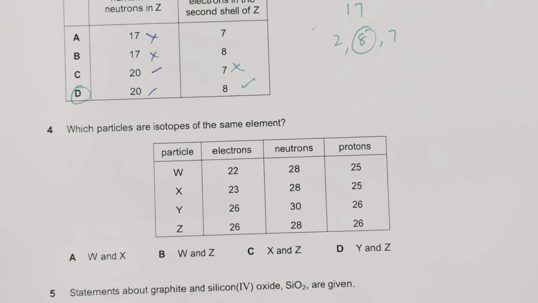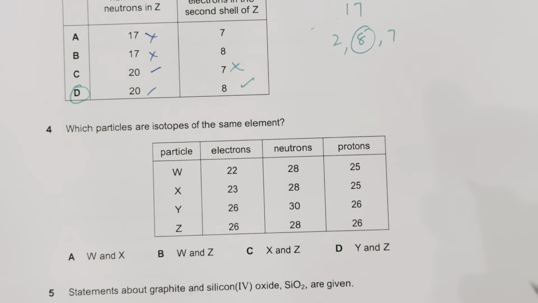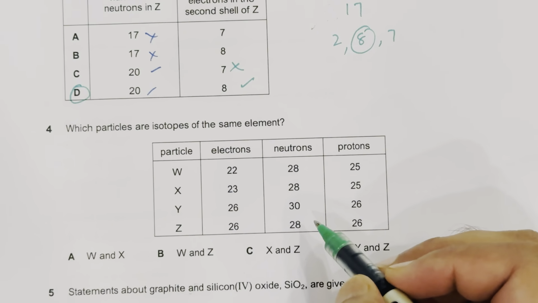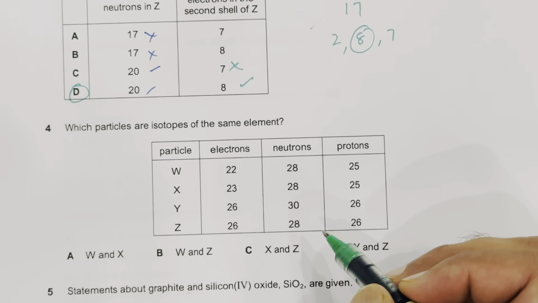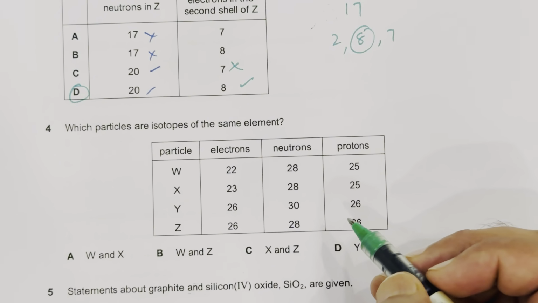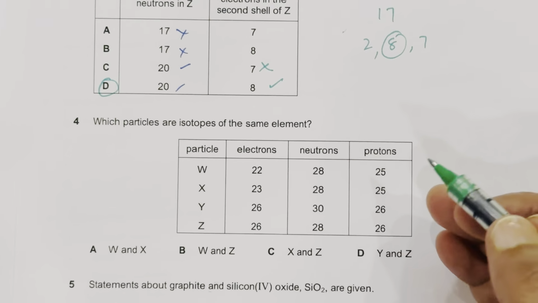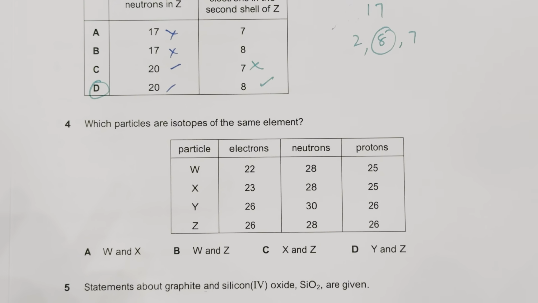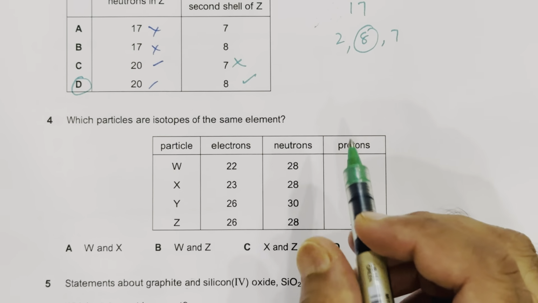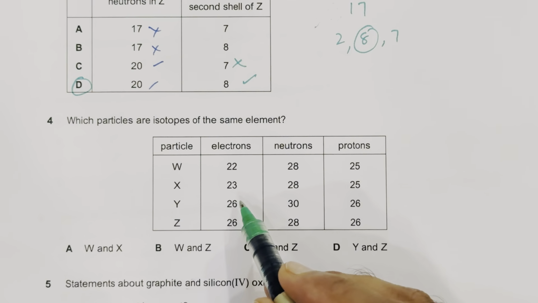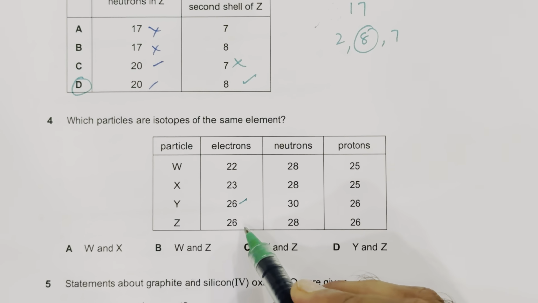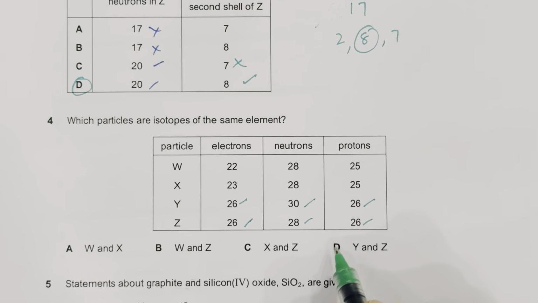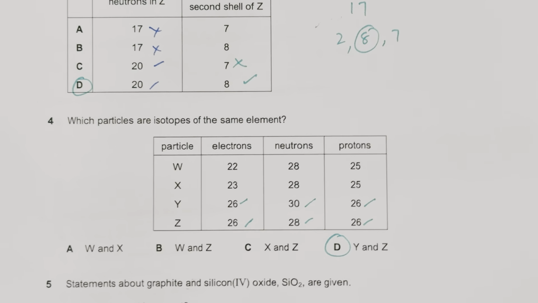So we're going to check from the given options. They should have the same number of electrons and protons. Okay, 26, they have the same number of electrons, so it means Y and Z have different numbers of neutrons. So this is the right option, Y and Z.